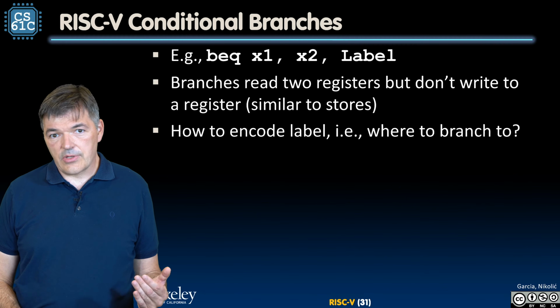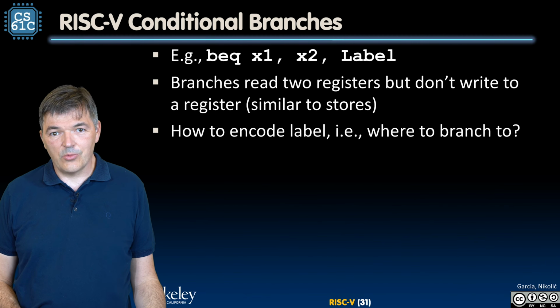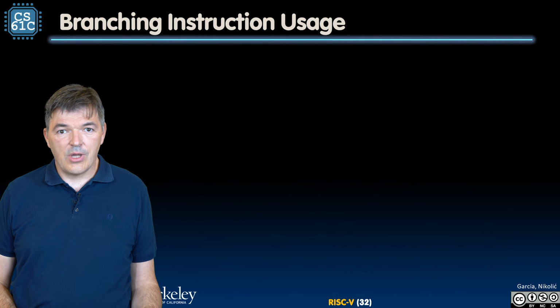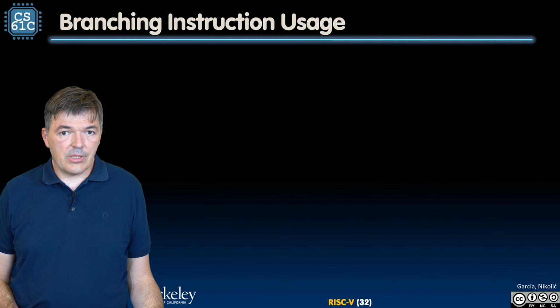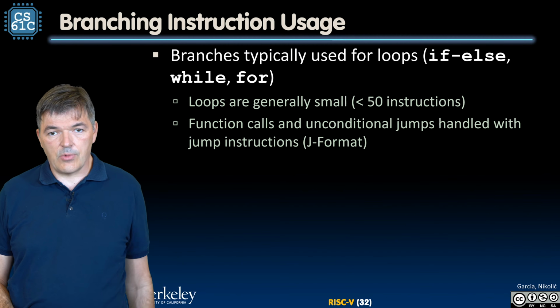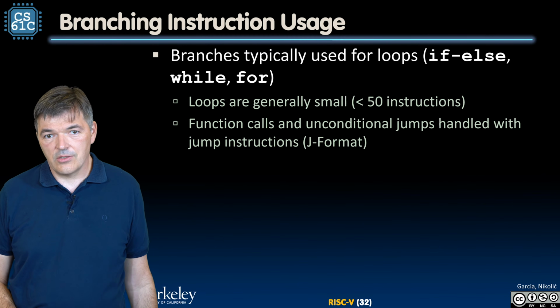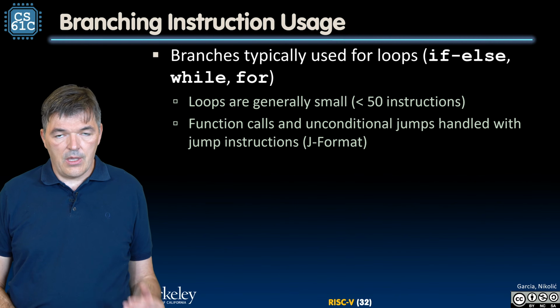In order to answer that, let's take a look at what branches do and what they are usually used for. Branches in our assembly code are often a product of loops. We have seen that there are types of loops, if, else, while, and for in C, that tend to get translated into branches.